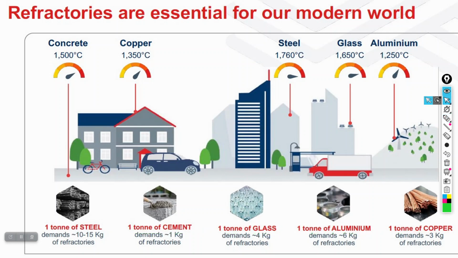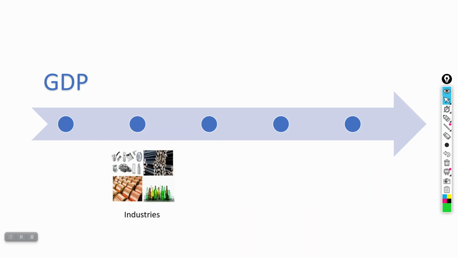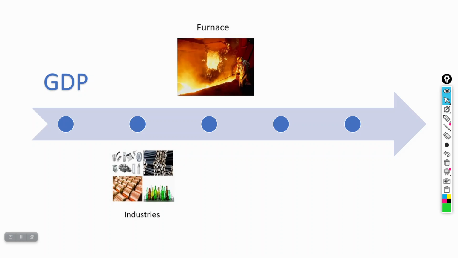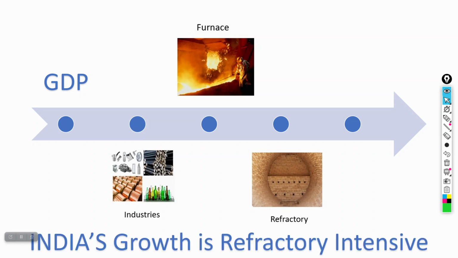So with this background, we can conclude that for any growth of GDP of any country, these core industries are essential, and to produce these items of these core industries, furnace is needed, and in any furnace refractory is very much essential. So we can very well say that India's growth is refractory intensive.